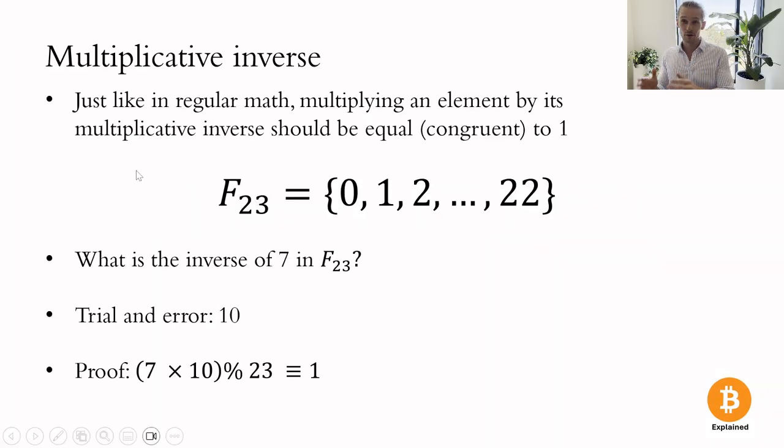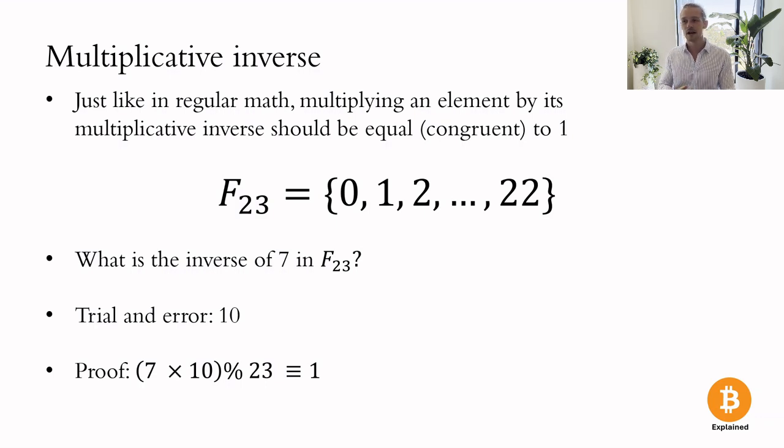Before we talk about how the division works, we need to understand what a multiplicative inverse actually is, because that's what we will end up using in order to do the division. So in regular mathematics, multiplying an element by its multiplicative inverse should be equal to 1.